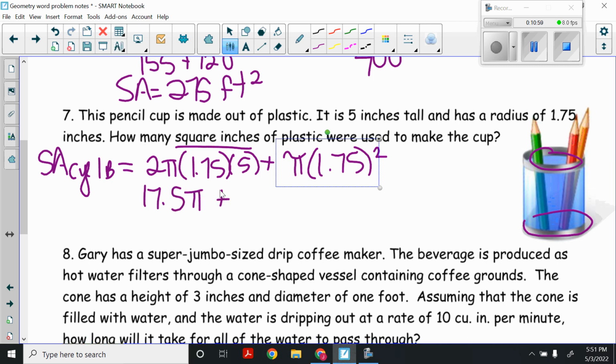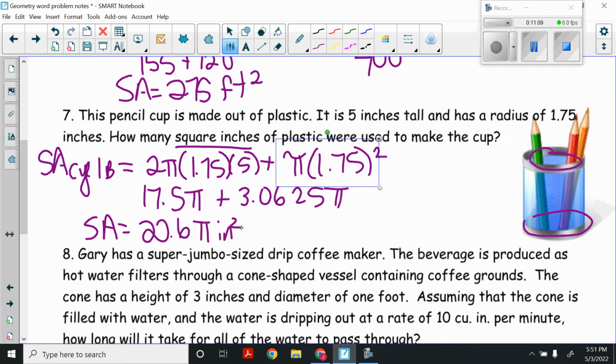Plus 1.75 squared gets me 3.0625 pi. So add them together, and I get 20.6 pi square inches, or I can multiply that out. 64.6 square inches of plastic were used to make that cup.